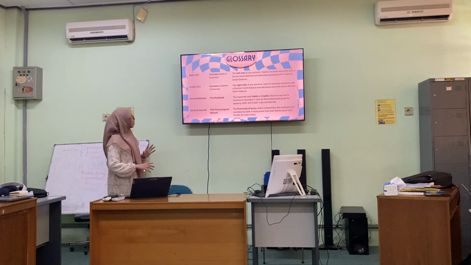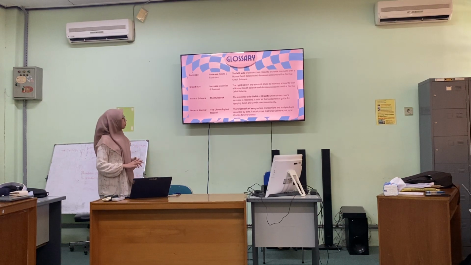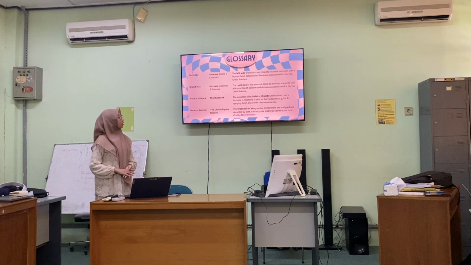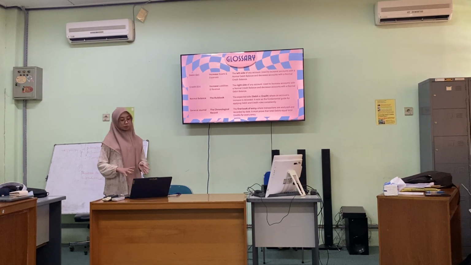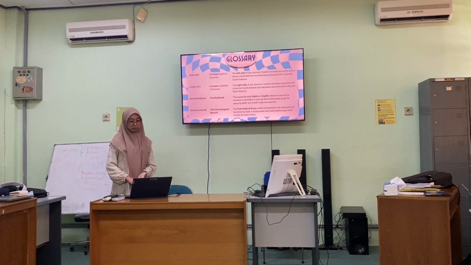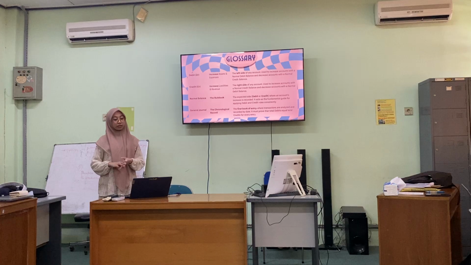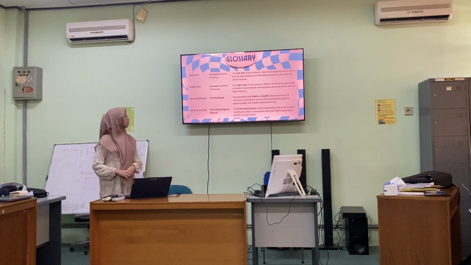The right side of any account, used to increase accounts with a normal credit balance and decrease accounts with a normal debit balance. Normal balance is the rulebook, the expected side of debit or credit where an account increase is recorded. It acts as the fundamental guide for applying debit and credit rules consistently.